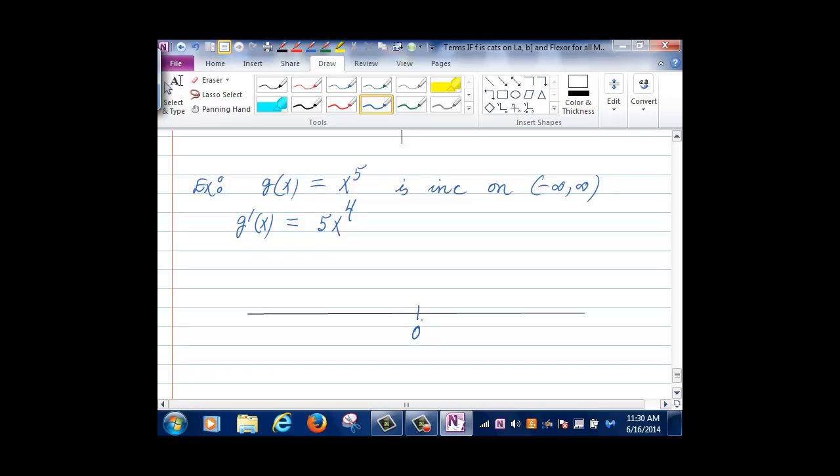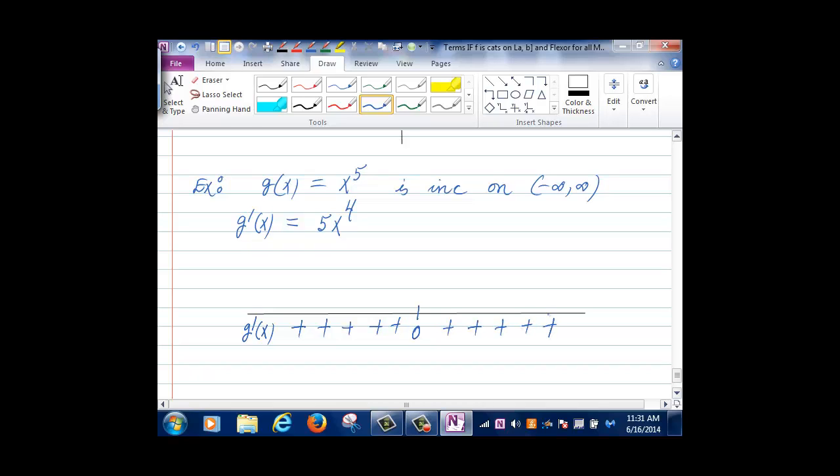And now look, when x is negative, note that x to the 4 is what? So the derivative is positive when x is negative, right? And it is positive when x is positive, right?